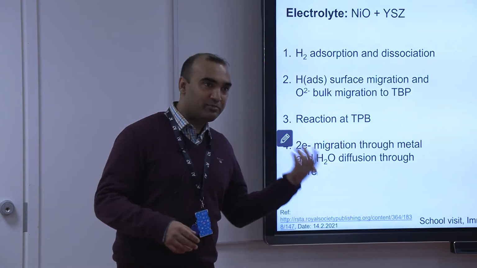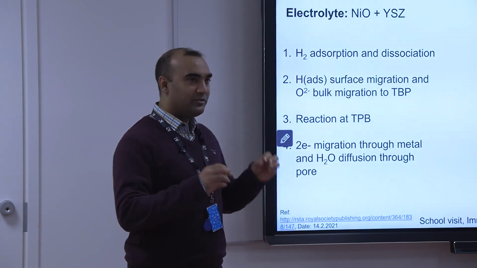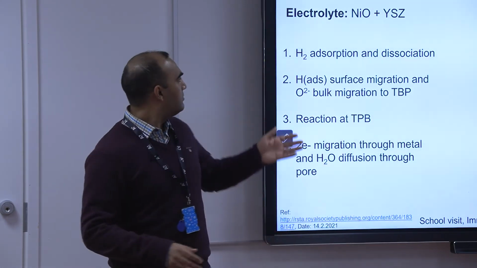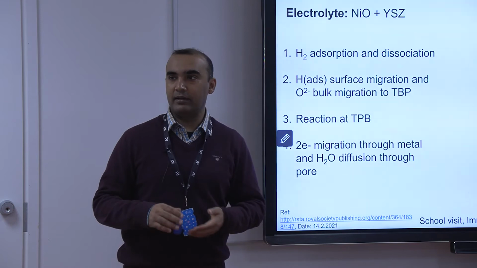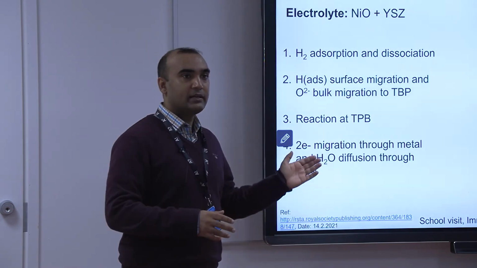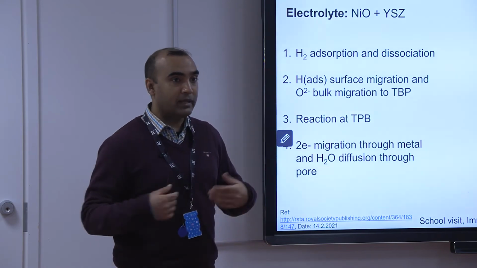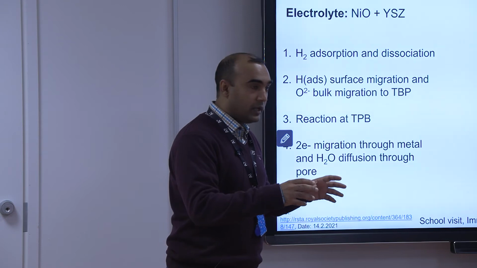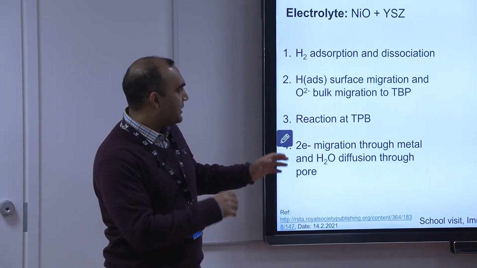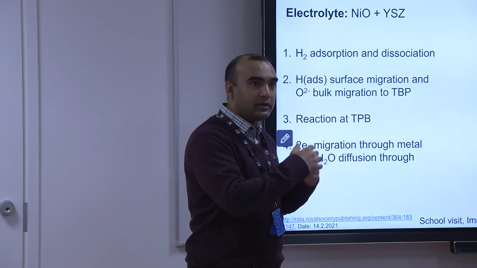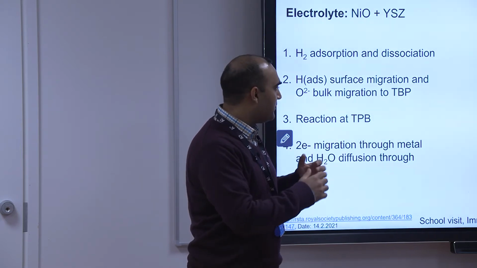Similarly, at electrodes, as I emphasized in the previous slide, the reactions actually happen only at the three-phase boundary. So now I'm listing here all the steps that actually happen there. The first thing is, let's say we are talking about the anode where we are supplying the fuel. So first, when the hydrogen molecules come to the anode, this is the figure showing the particles where we have this three-phase boundary.